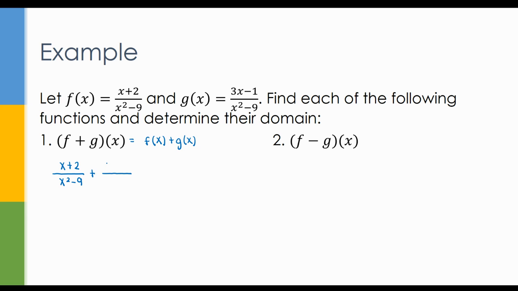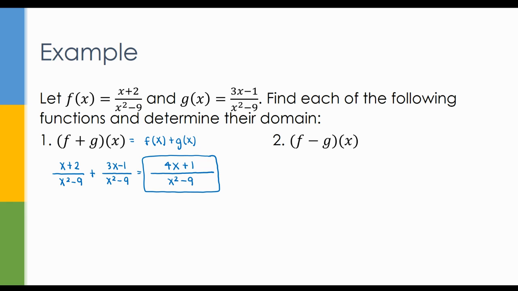That helps us greatly. When the denominators are the same, we keep the denominator as it is and combine the terms in the numerator. x and 3x turn into 4x, and 2 plus -1 gives us a positive 1. So this will end up being the sum.